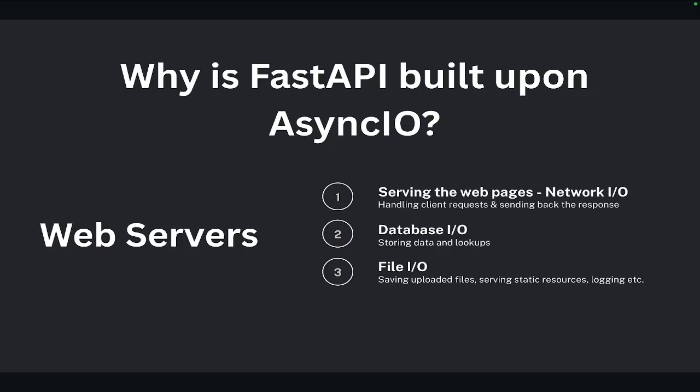In the meanwhile, they might also be writing data to a database or looking up data based on a user's query. Now they are performing database I/O operations. And when a user uploads a file, or when the server has to serve static files from disk storage, it is file I/O. Web servers find themselves dealing with I/O-bound tasks most of the time.